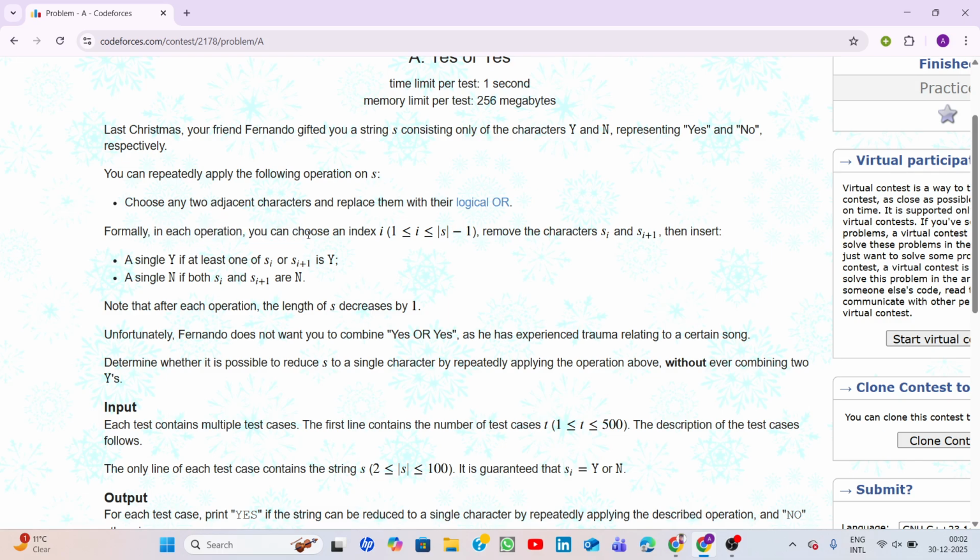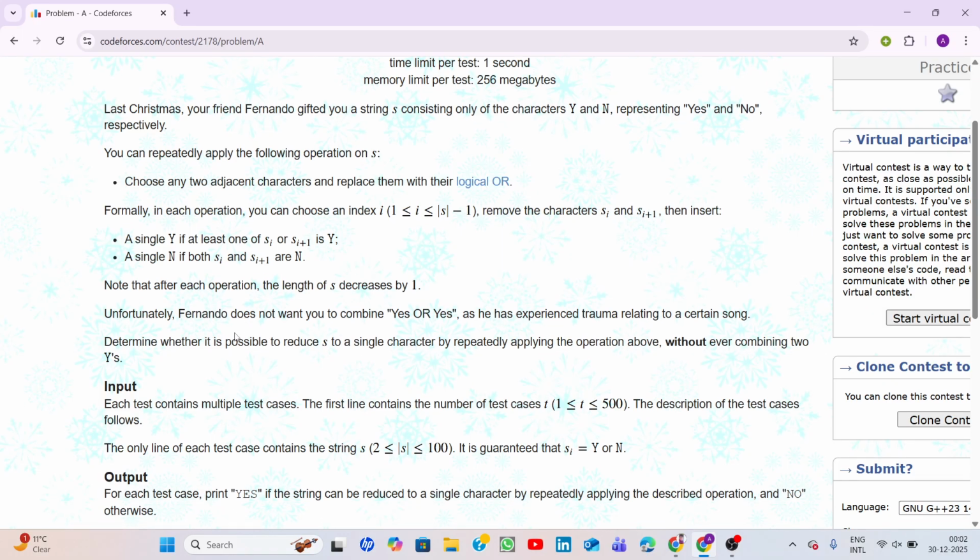Formally, in one operation you can choose an index i and remove two characters, then insert a single Y if at least one of s_i and s_{i+1} is Y, and a single N if both s_i and s_{i+1} are N. So we need to find whether you can avoid combining two Y's.